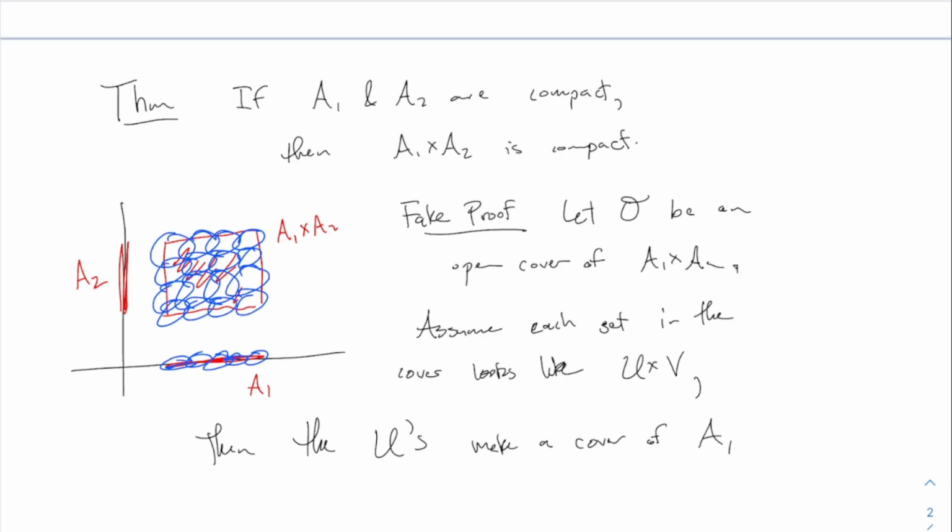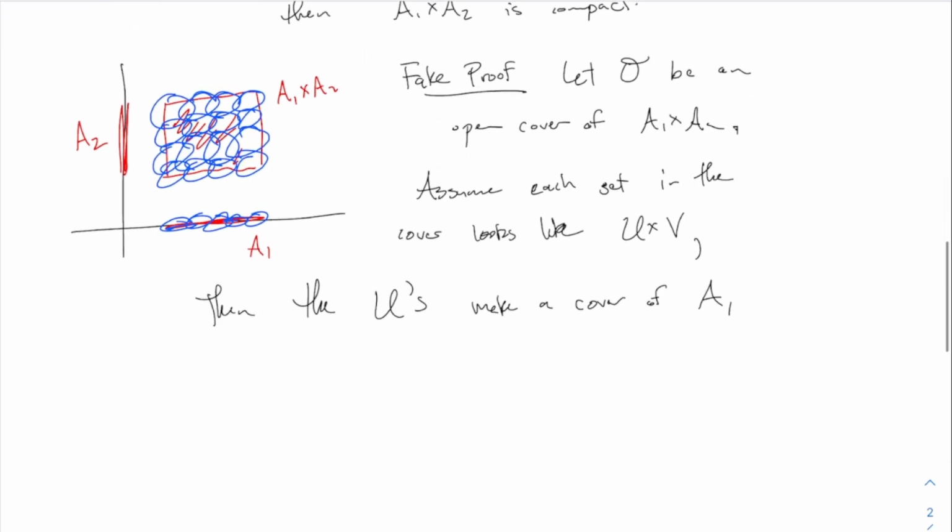This is what I meant by shoving them down here. If you just ignore the second coordinate and only think about the first coordinate, they make a cover of A1, which has a finite subcover because A1 is compact. So only finitely many U's are needed, right?